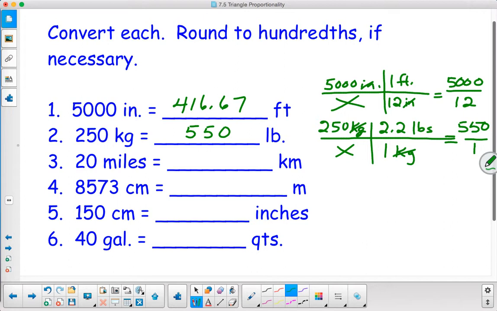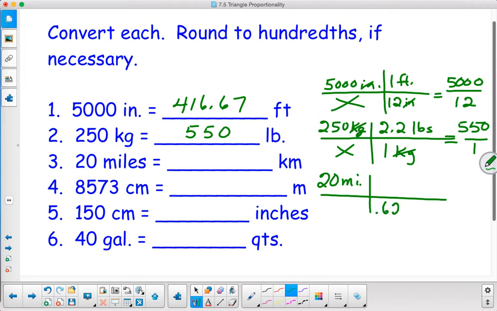I'll do number 3 with you and then leave you on your own. Okay, for number 3, we have 20 miles. We want to change it into kilometers. On my conversions, I see 1 kilometer is 0.62 miles.